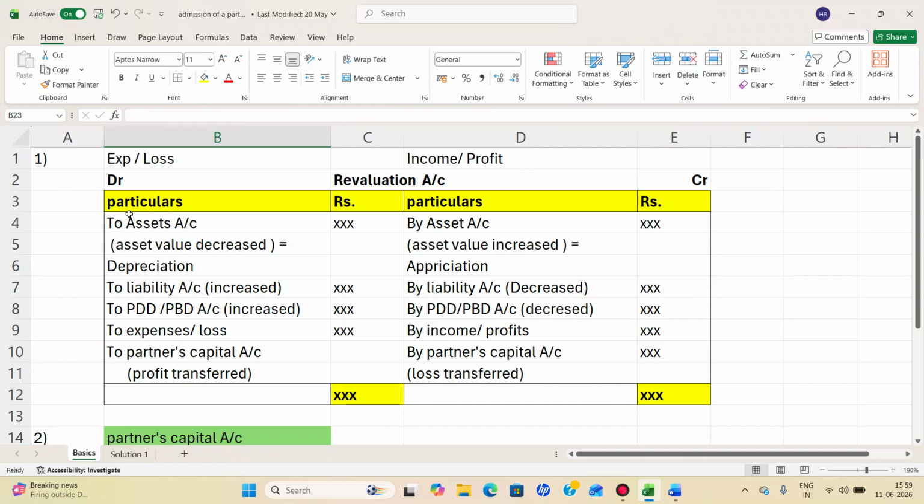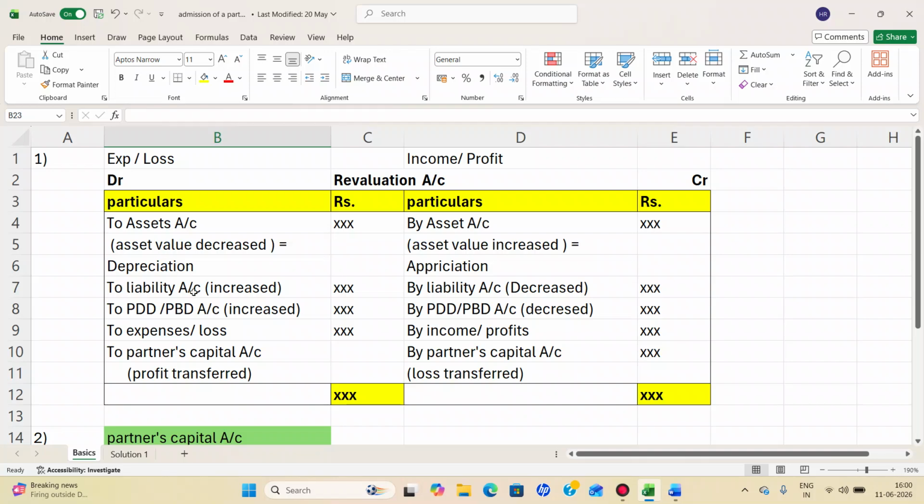Here, on the debit side, to assets account, that is, when asset value decreases, we have to write the so-and-so amount to the asset account. Next, depreciation. That is, if the value of an asset decreases, we call it depreciation.